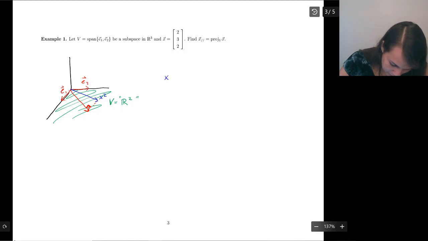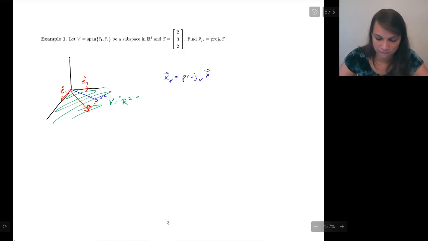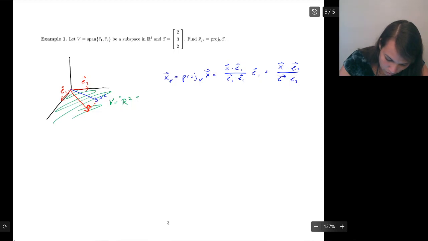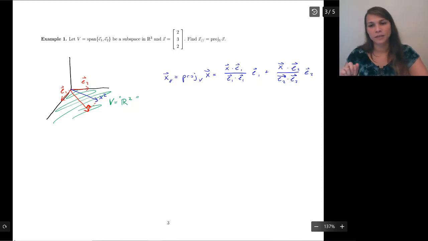Okay, so x parallel equals the projection of x onto big V, which is going to be x dot E1 over the length of E1, which I told you, I like looking at these dot products. It makes me happy. So we're going to go ahead and write the magnitude as a dot product. Yes, I wrote that correctly.